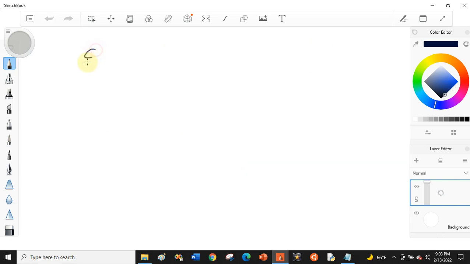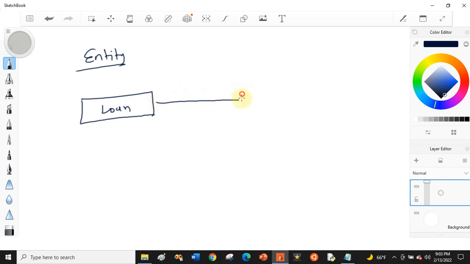As we know, some entities are weak. So I am taking a loan from a bank, and maybe I'm going to pay some installments for that. So there are two entities, but you can say that installment is a weak entity represented by double lines of a rectangular box.